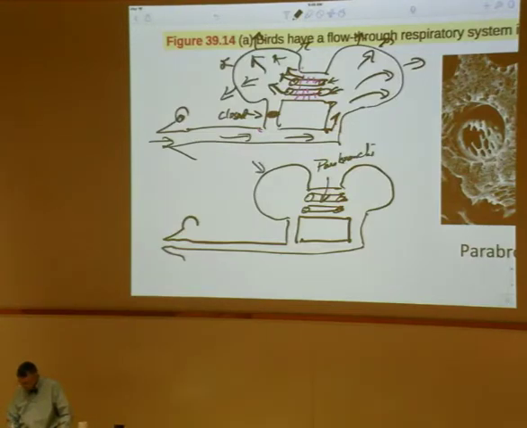Now, on the exhale, this is closed. Okay. And all the air sacs, there's actually more than two, contract. Well, if these back air sacs are contracting, the only way the air can go is through the parabronchi.